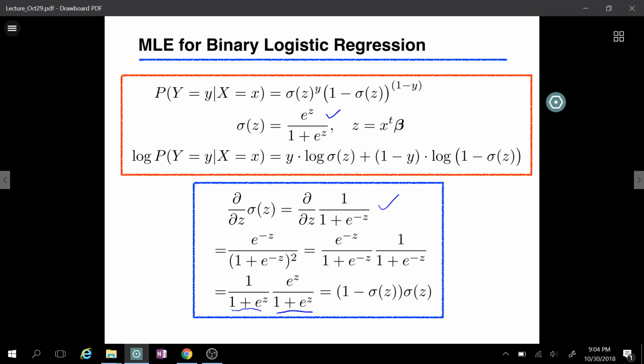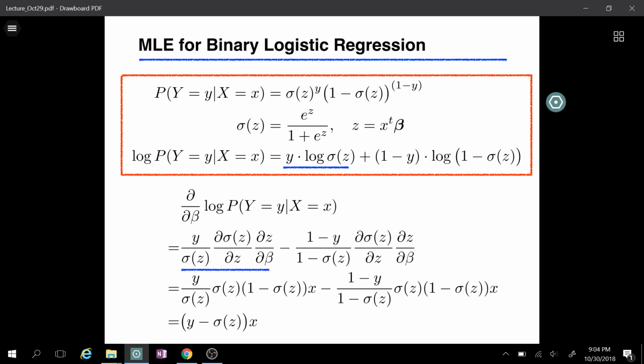So in summary, the derivative of the sigmoid function with respect to its argument z is just equal to 1 minus sigma z times sigma z. Again, you don't need to worry too much about the formula in the red box. It's just a copy of what we had before.